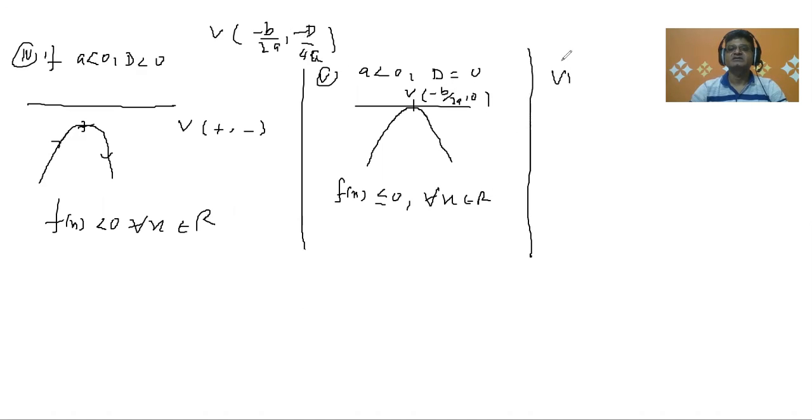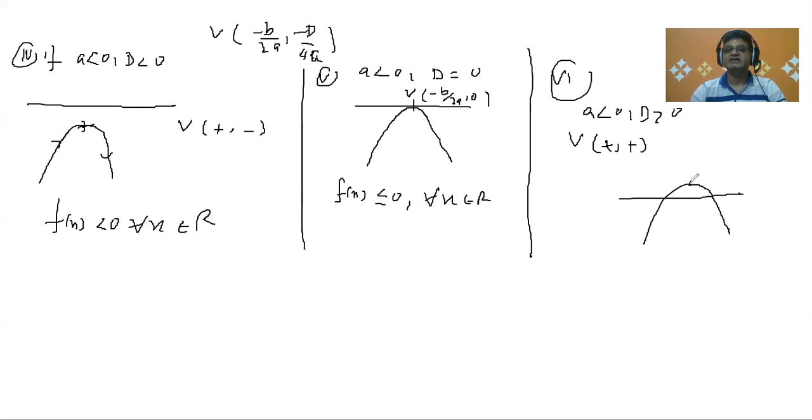Now in the sixth case, we can see when a is less than 0 and d is greater than 0, then what happens to the vertex? When a is less than 0, it will be positive, and when d is greater than 0 and a is negative, it is again positive. It means the vertex is lying in the first quadrant. In that case, it will have to cross the x-axis. So the roots will be alpha and beta. This is minus infinity and it is going up to infinity.